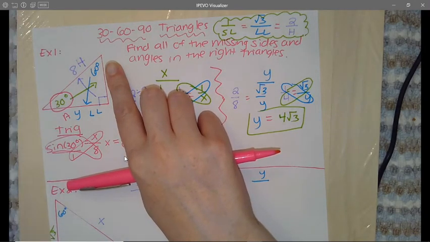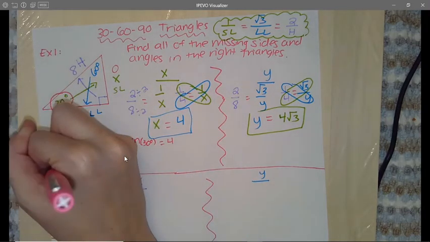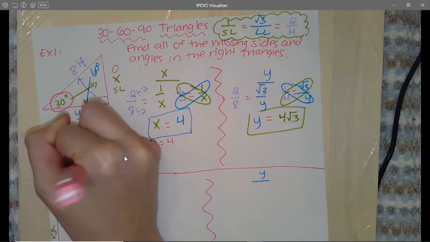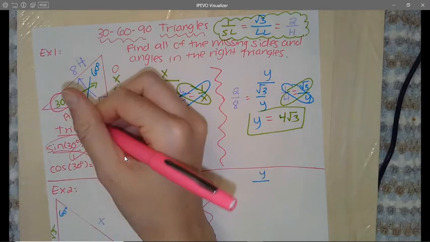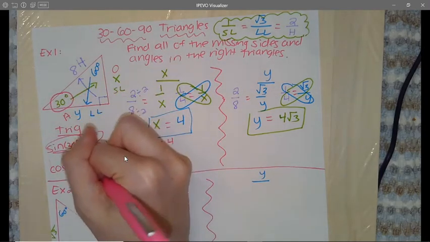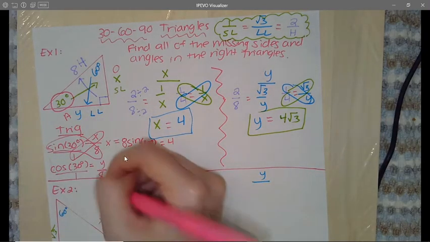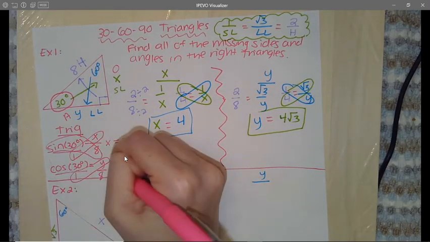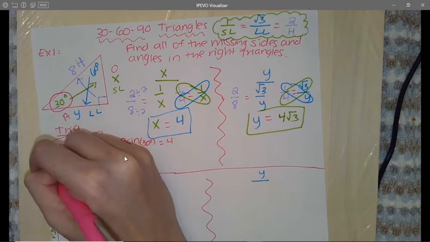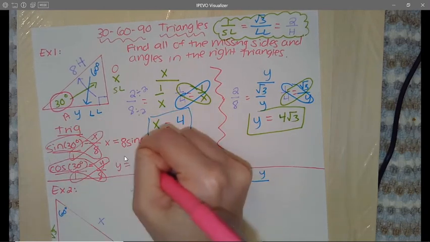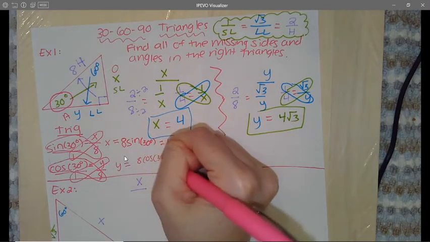You guys are too cool for school. That would be cosine. So we get cosine of 30 degrees equals the adjacent side, which is y, over the hypotenuse, which is 8. And if you cross multiply, again, you get y times 1 is y, and that will equal the other way, which is 8 cosine of 30.